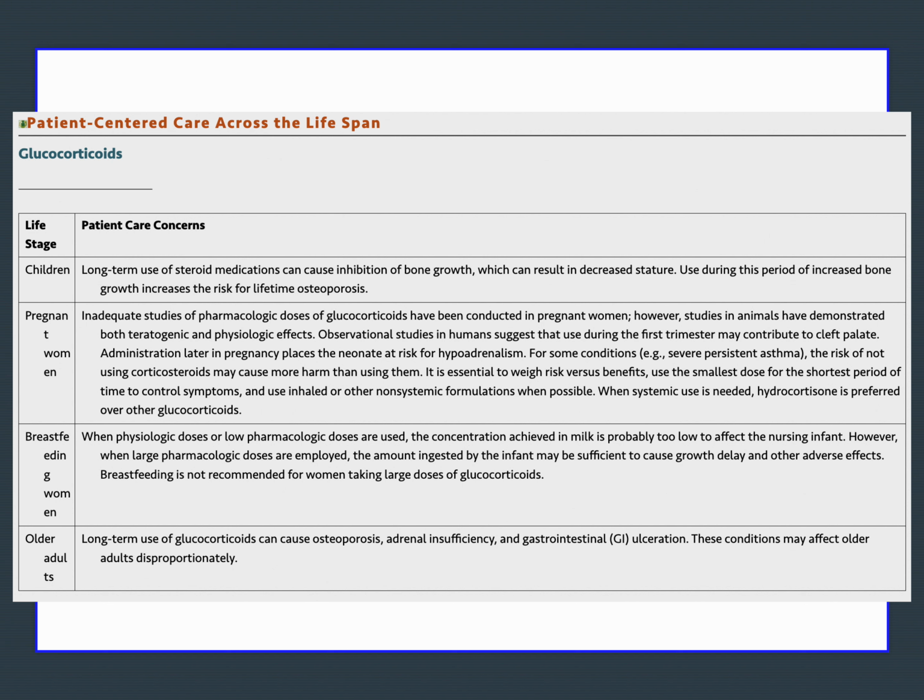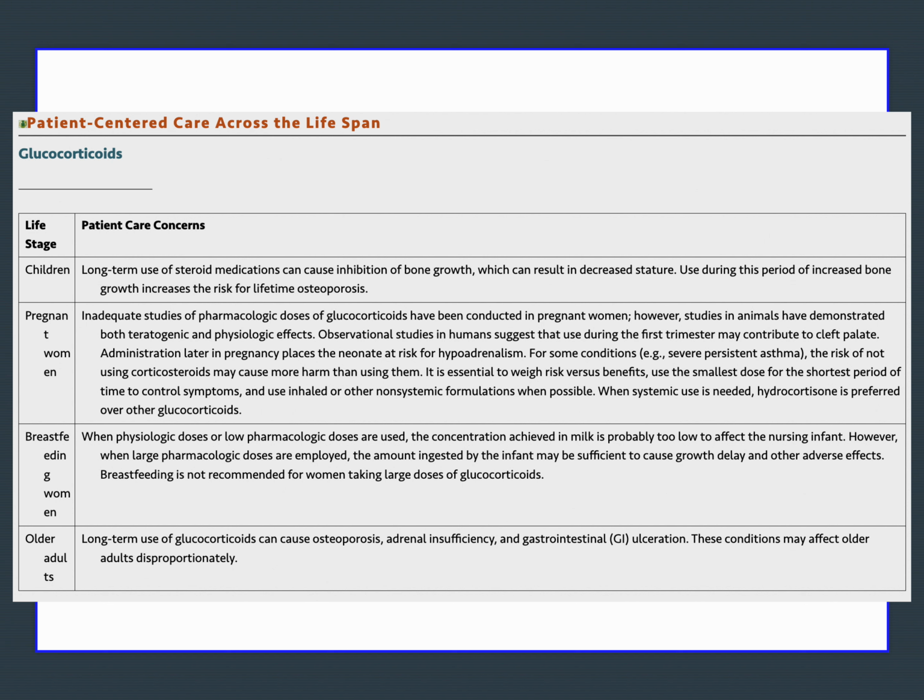Later on during the pregnancy, it can also cause hypoadrenalism. But for some conditions, like patients with severe persistent asthma, the risk of not using the inhaled glucocorticoid steroid can be more harmful to them because they're not able to breathe, right? So it needs to be balanced as well.